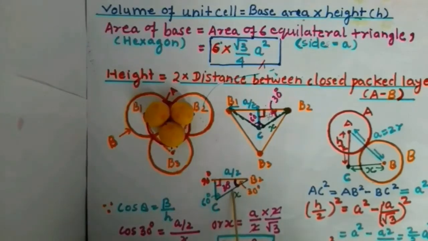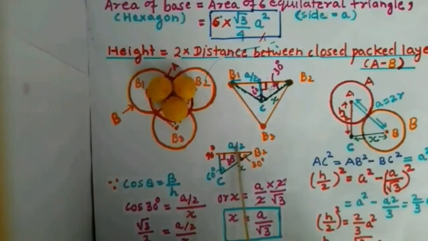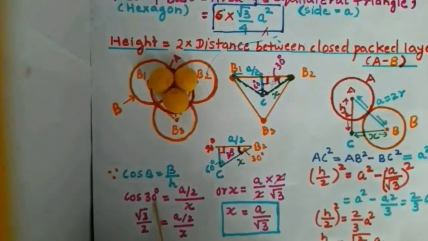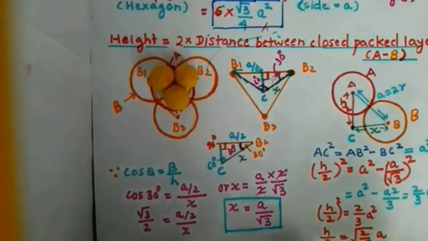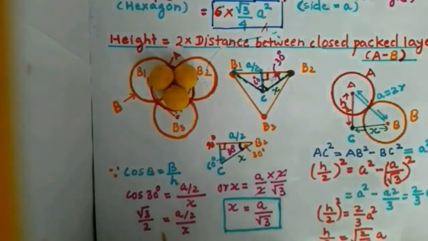So cos theta, that is cos 30 degree, will be equal to base, that is A by 2, divided by hypotenuse, that is x. So cos theta will be equal to A by 2 divided by x. And we know that cos 30 degree will be equal to root 3 by 2.